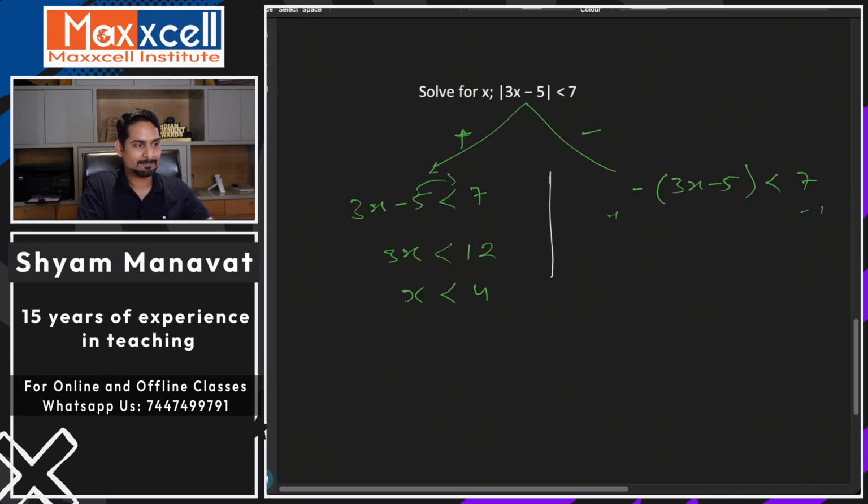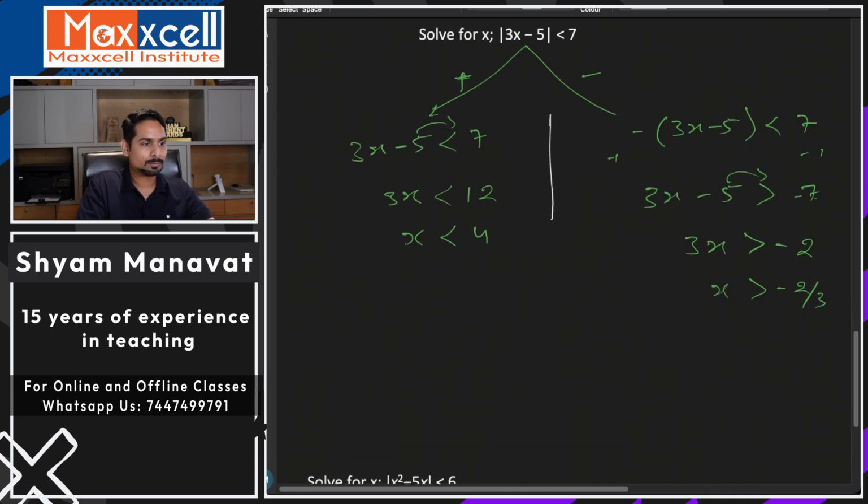So here I will have 3x minus 5 as it is, 7 will become minus 7 here, the smaller than sign will become greater than sign. Simplified further, 5 will go to the other side. Here I have 3x more than minus 7 plus 5. Minus 7 plus 5 will get you minus 2, right? Now x will be more than minus 2 by 3.